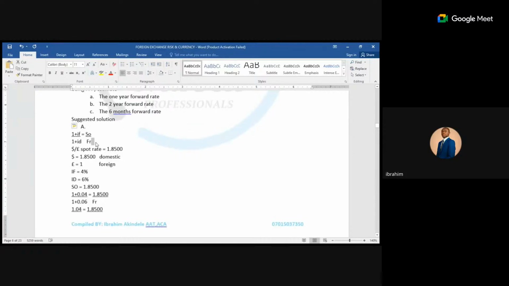Okay, let's test something here. I got 1.815 with this formula.